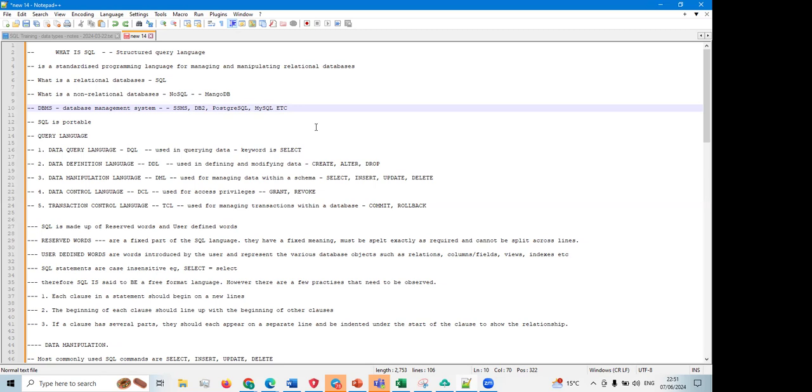Okay, but is the syntax for MySQL different from SSMS? Remember, I said SQL is portable, and I explained that. Do you remember that? SQL is a portable language. So what that means is that it can be used on this, on that, on that, unlike most other programming languages. There are a few programming languages that have got issues with portability, but SQL is not one of those. It's a very, very portable language. So long as you have a management system, it would work.